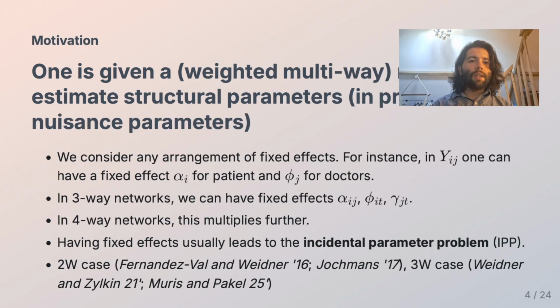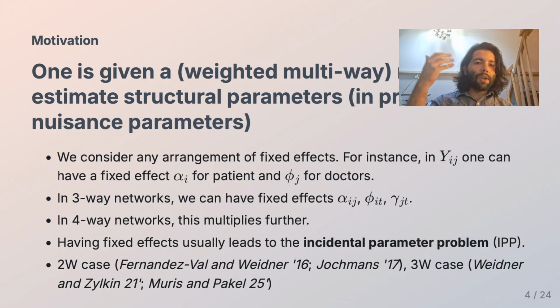And the main issue here is the presence of nuisance parameters. We consider that each node has a fixed effect. We don't care exactly about the structure of the fixed effect; the method will be agnostic to this structure. But what's important is that the maximum likelihood estimator, that is the PPML estimator, suffers from the incidental parameter problem in this context.